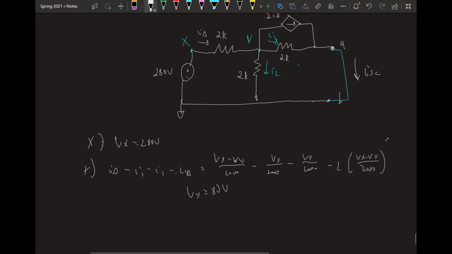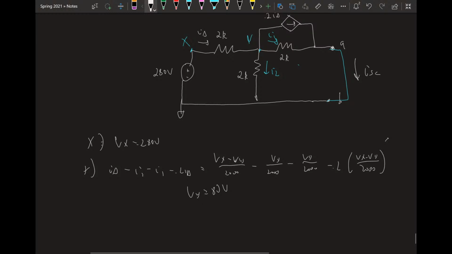When we do that, we know I1 is Vy over 2000, and we know I delta is 0.2 times Vx, which is 280 minus 80, over 2000. When we solve that, we're going to get that I short circuit is 0.06 amps, and this is I Thevenin, right? So now we have solved for V Thevenin and I Thevenin. And we should be able to find R Thevenin from this. We know that R Thevenin equals V Thevenin over I Thevenin.